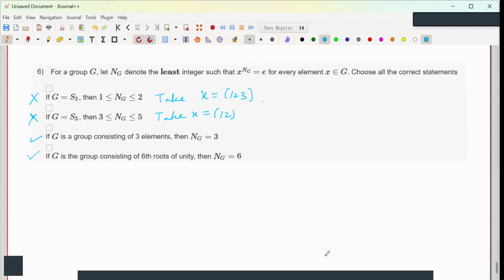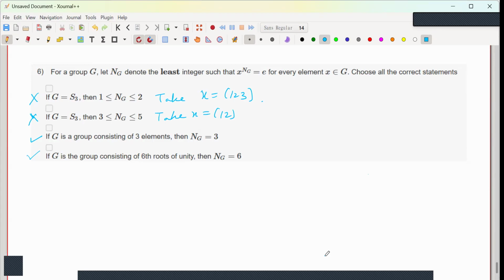If it is a group of even order, then definitely there is one element of order 1, and there is a unique element of order 1, right? That is the identity. Now, if there is no other element of order 2, then for any non-identity element A, A should not be equal to A inverse.